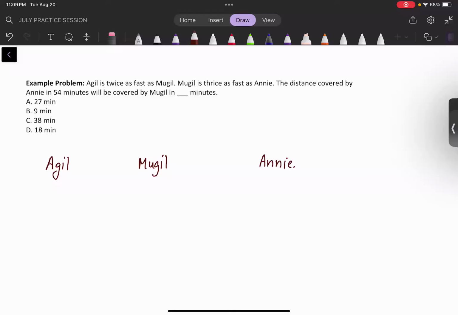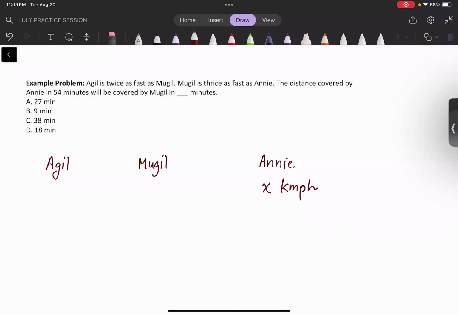Tell me please, who is the slowest and who is the fastest? Mogil fastest, Annie slowest.